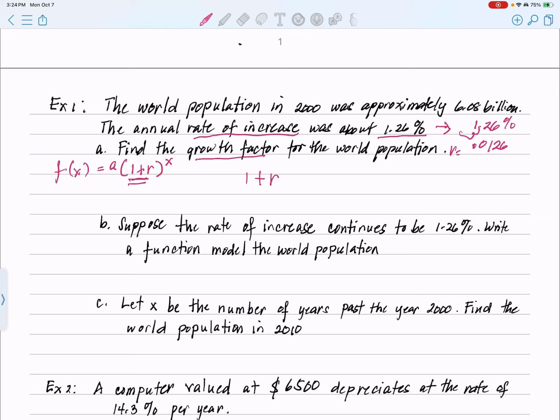So 1 plus 0.0126 equals 1.0126. And that is the growth factor.